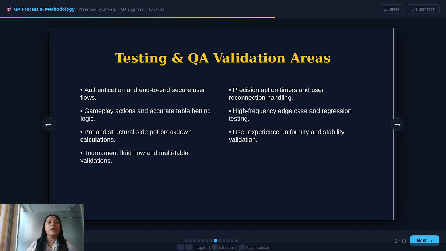Another thing which I have covered was timer and reconnection handling, multiplayer synchronization, tournament flow, etc. In real-time applications, especially gaming platforms, even small issues can directly affect gameplay behavior and user experience. That is why structured QA processes become extremely important.